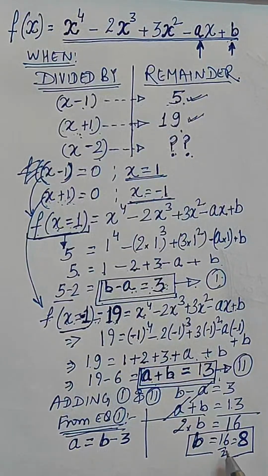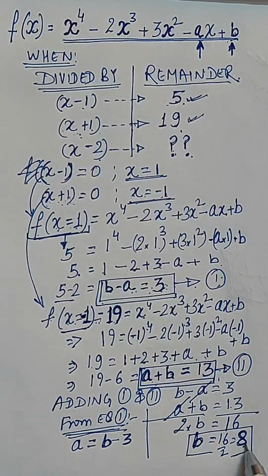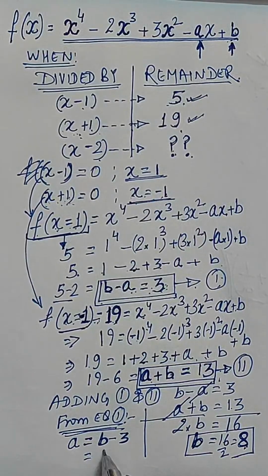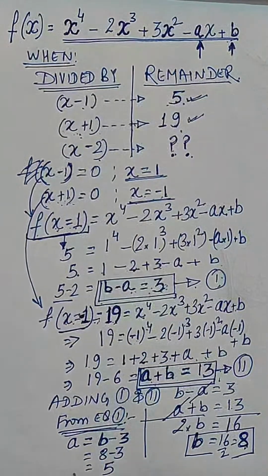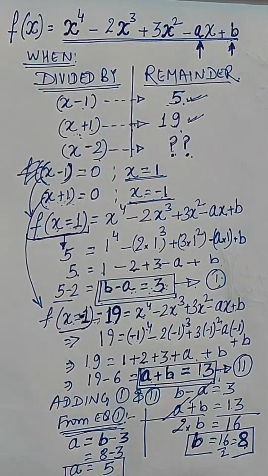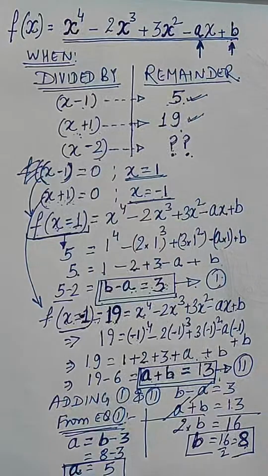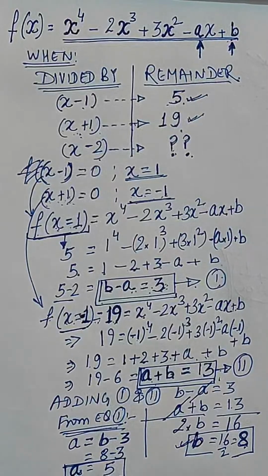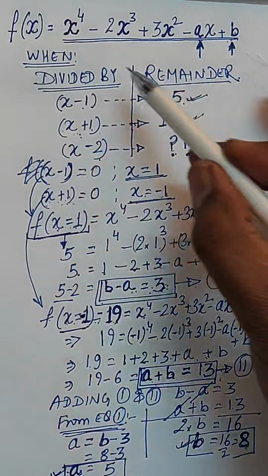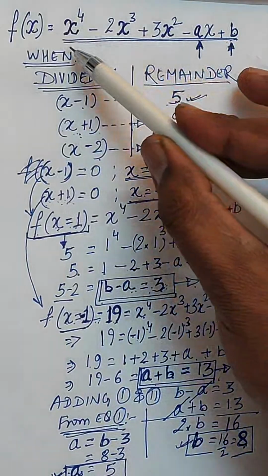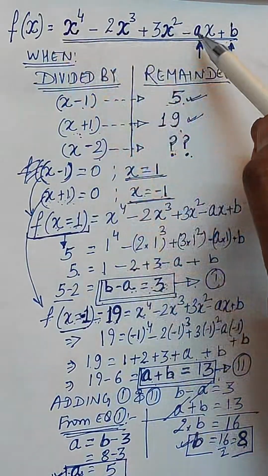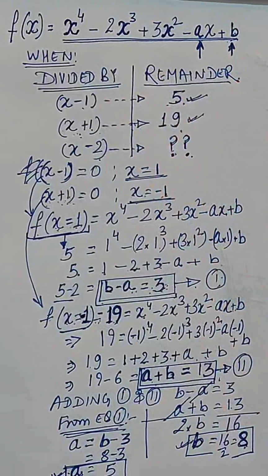And what is the value of b? It's 8, right? So a is 8 minus 3, which is equal to 5. So the value of a is calculated as equal to 5. So a is calculated and b is calculated, right? Now our polynomial, our function of x, will look like, let me change a pen over here.